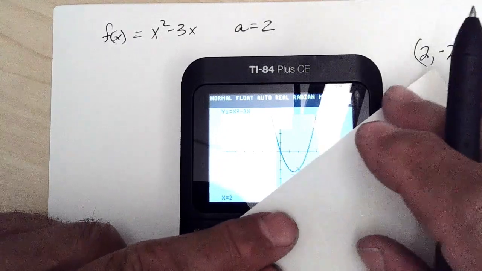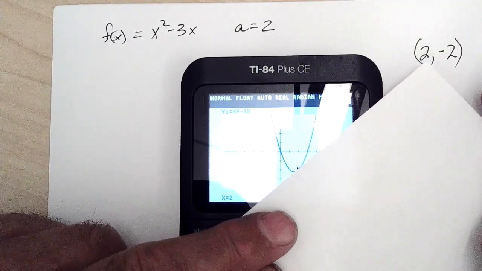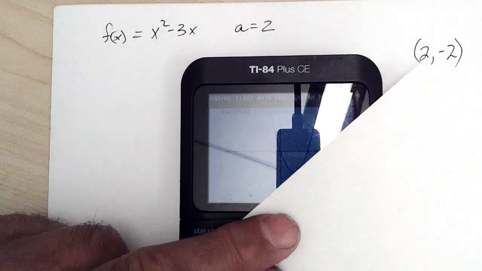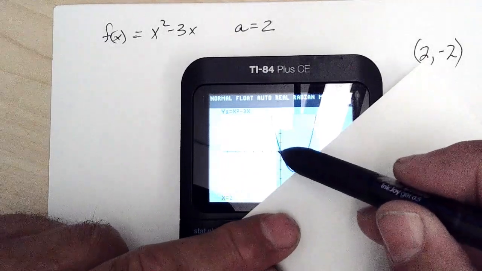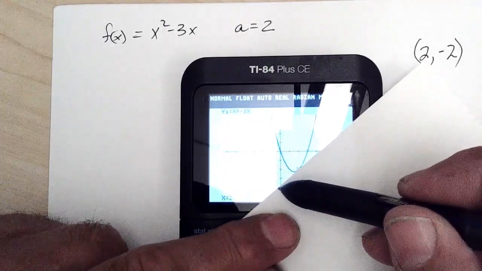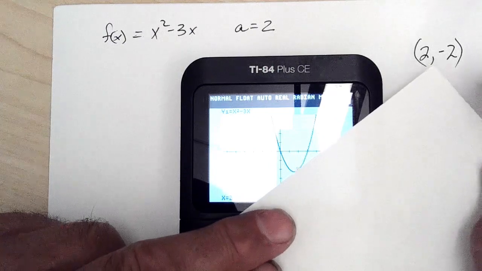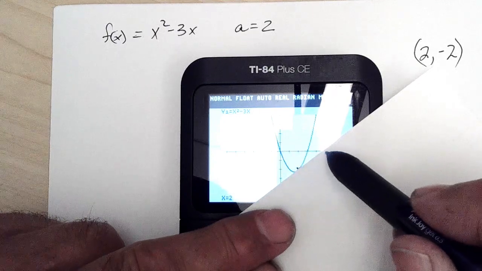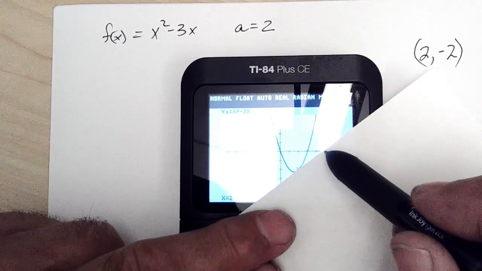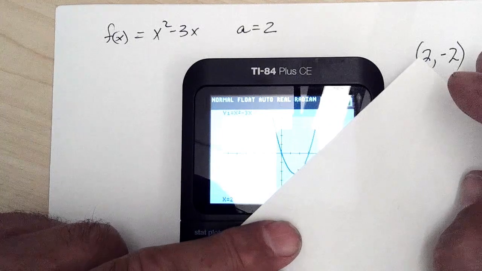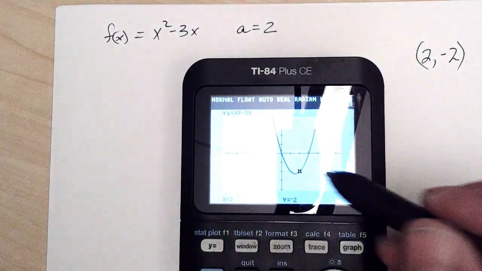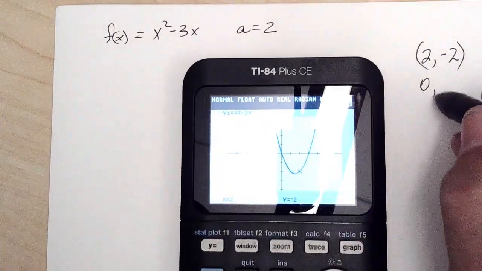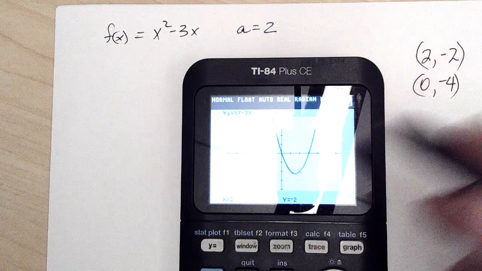I'm going to pick that as the tangent line, and that line looks like it goes through 0, negative 4. But if you chose something here, it might be 0, negative 3.5, or you could go 4, 0, or maybe 3, 0, depending on where you put it. My original one was 0, negative 4, but there's a bunch of them.